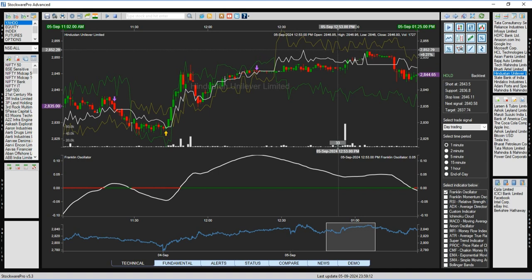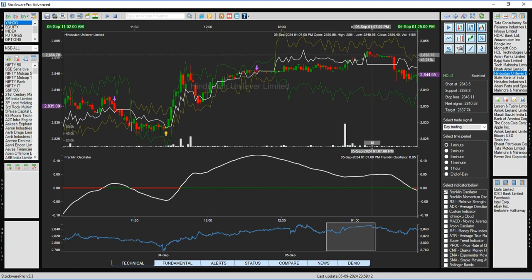Instead, I used the level that is slightly above it, because oftentimes the tail of the price bar, which is the low or the high, will come and touch the stop loss, and you might lose the trade. So I used this stop loss level.